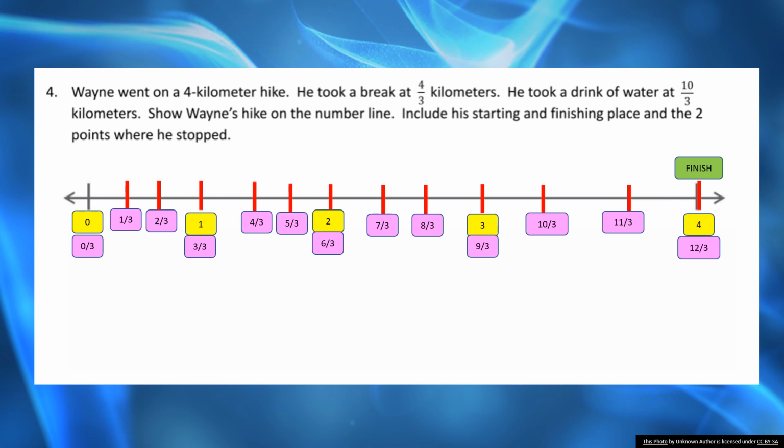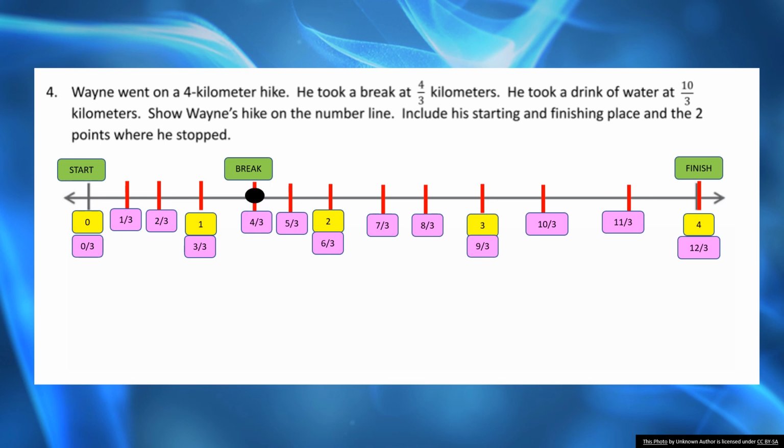All right, now we have our number line labeled correctly, and we need to plot points where he took a break. So he took a break at 4/3 kilometers. So let's make sure that we mark the start, right? And we're going to plot where he took a break right here.